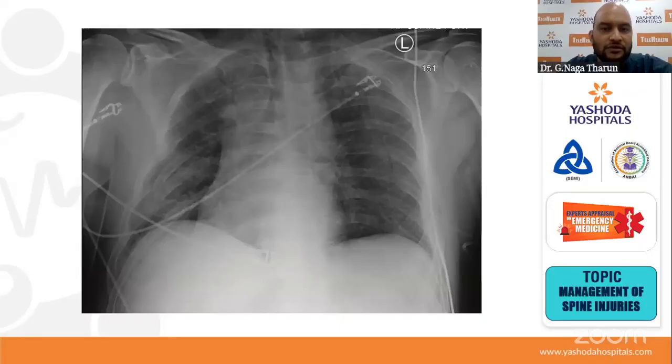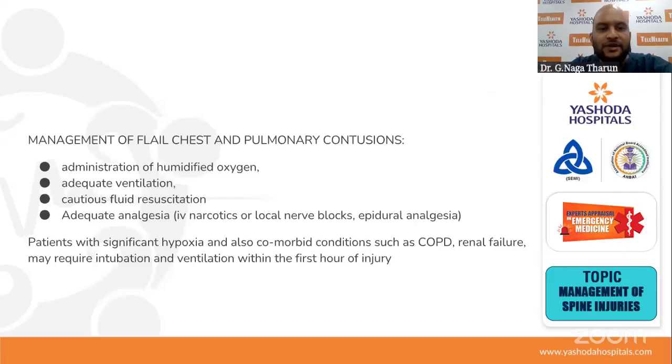And in this X-ray also, we can see multiple fractures on the right side, and there is a very minimal pneumothorax also. Management of flail chest and pulmonary contusions: administration of oxygen is the first thing, and adequate ventilation and cautious fluid resuscitation will be done.